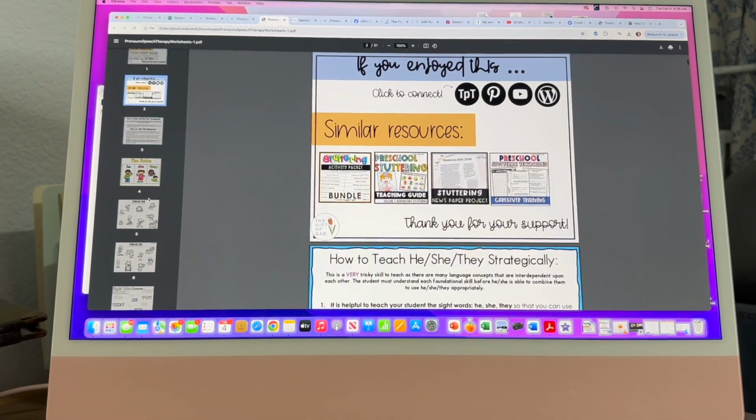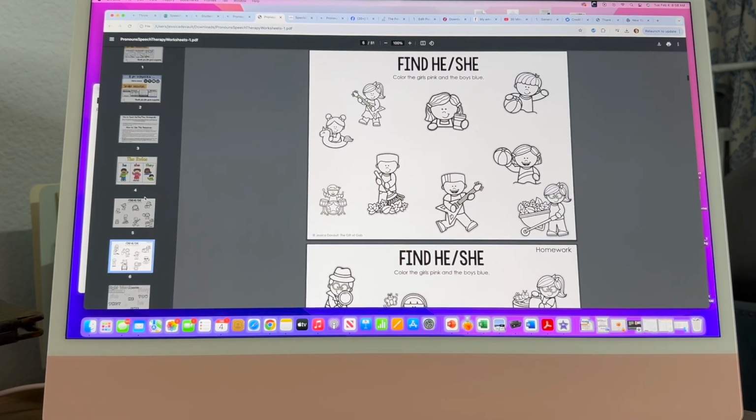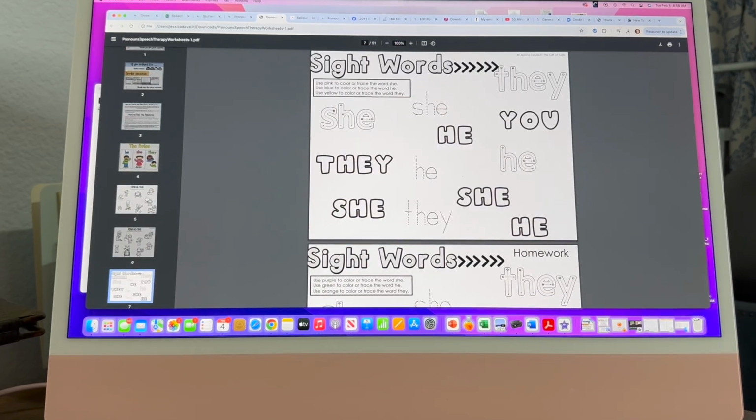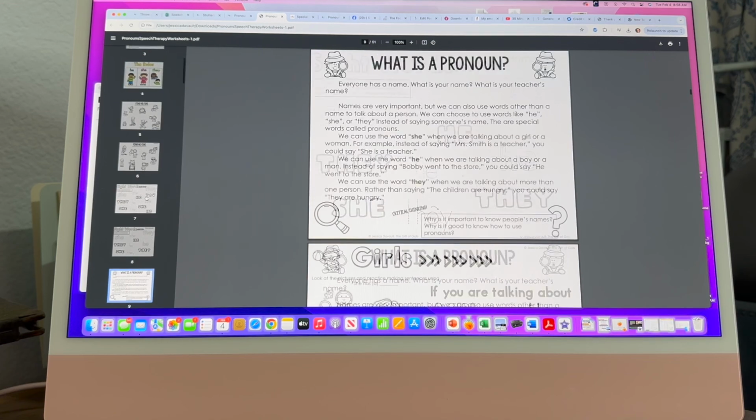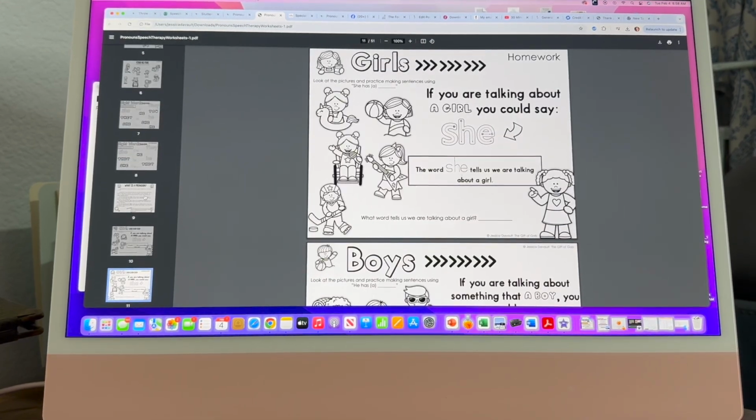Disclaimer: today, I am only talking about teaching pronouns in the traditional sense. This is a very sensitive and complex topic, and it should be taught based on the student's individual and family needs.